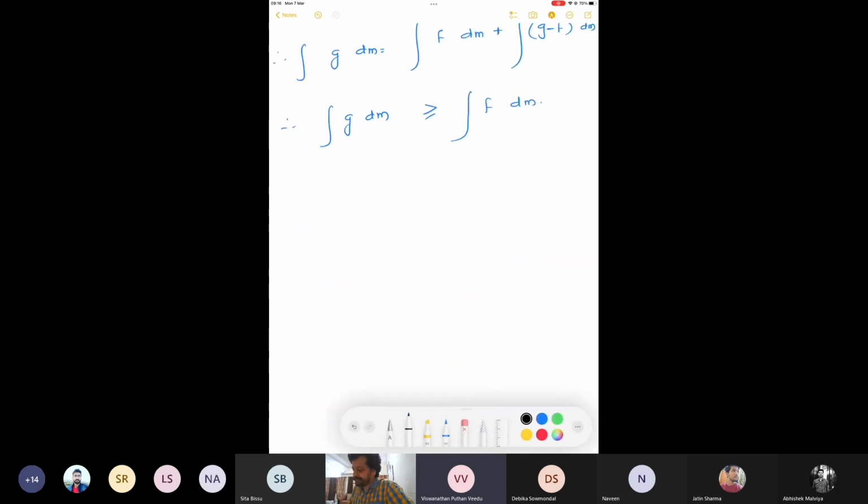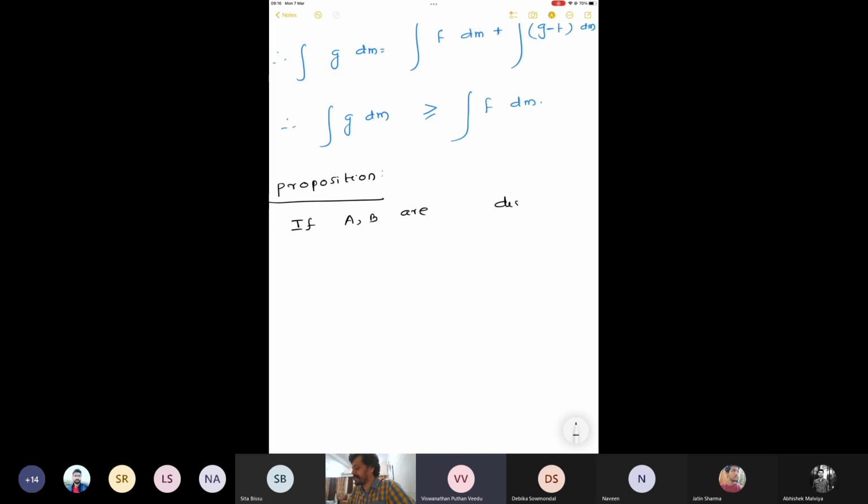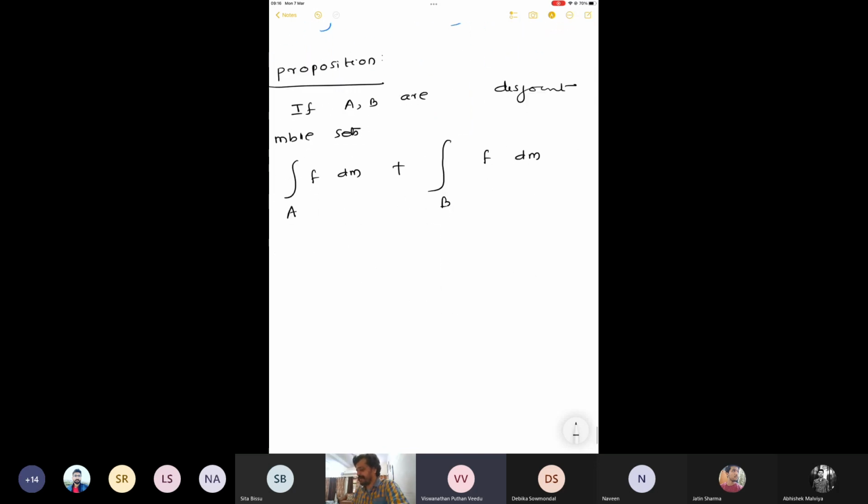Next proposition. Again, a familiar or expected property, which you call the domain decomposition property. If A and B are disjoint measurable sets, the integral over A of f dm plus the integral over B of f dm will be equal to the integral over A union B of f dm.